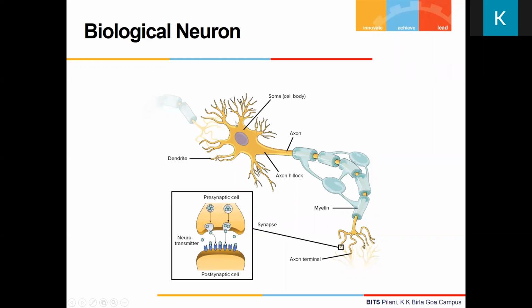It has a body cell, which we call a soma also, and there is a long axon coming from that soma. And the body is connected with many other neurons around it. In the brain, one neuron might be connected to around 10,000 surrounding neurons, tens or hundreds of neurons.